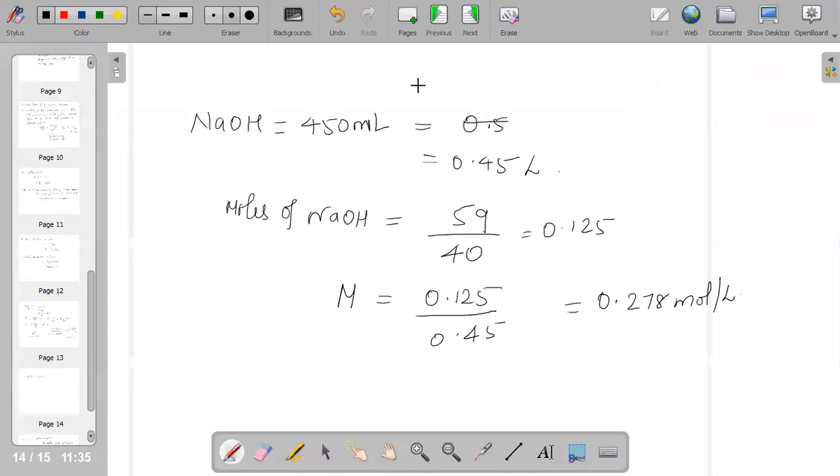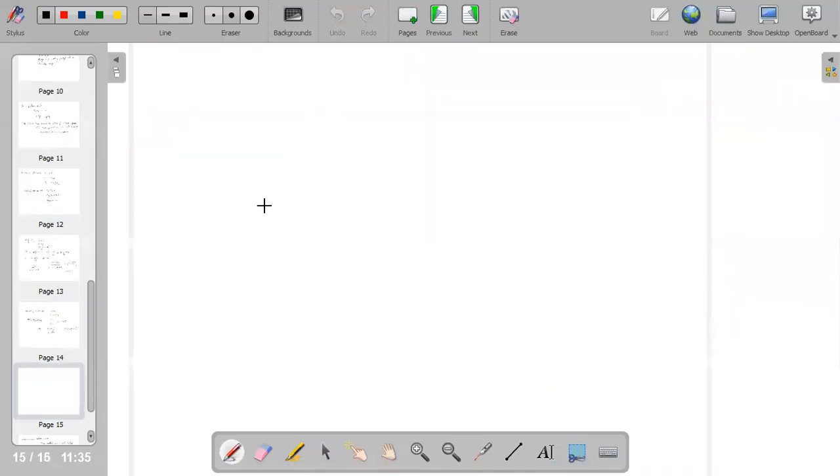So once again, the same formula, since they are asking us to calculate the molarity: moles of the solute divided by volume of the solution in liter. So volume is equal to 1 liter, or we can say 1000 ml. So the mass of the solution you will get as 1.8 into 1000, because density is equal to mass by volume.